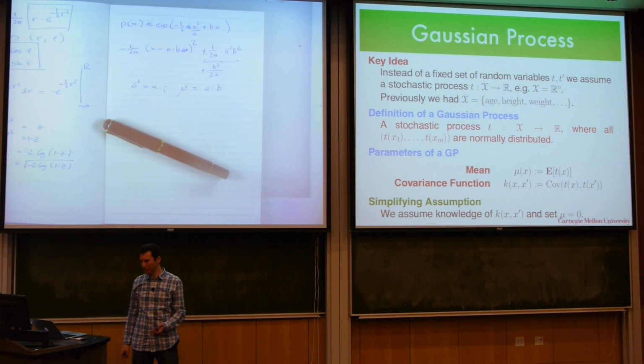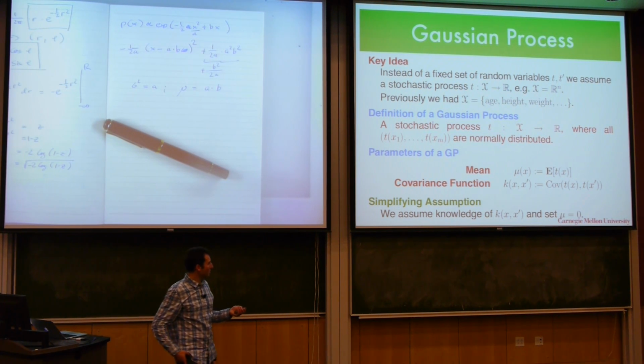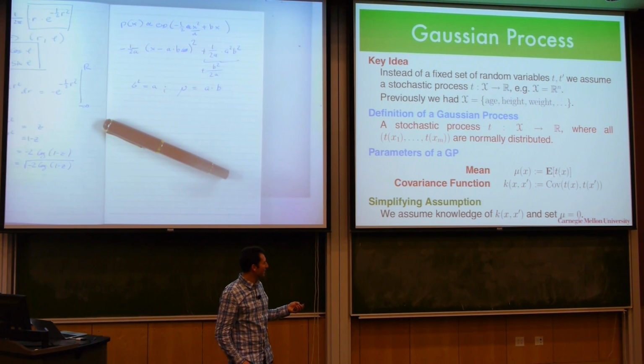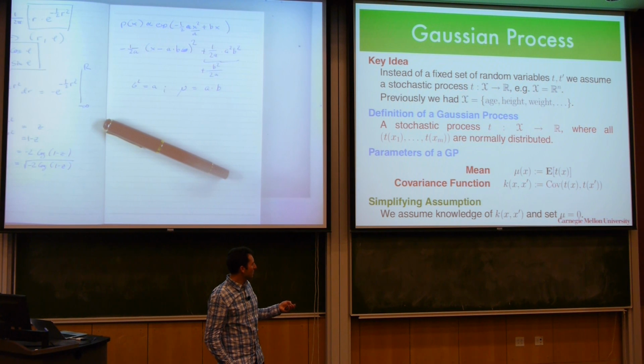That's the idea of a Gaussian process. And so all I need to do in order to fully specify this is specify the mean, mu of x, and the covariance function k of x and x prime, which is the covariance of t of x and t of x prime.